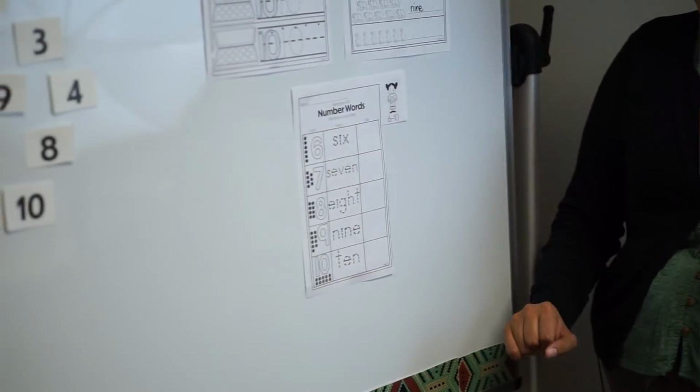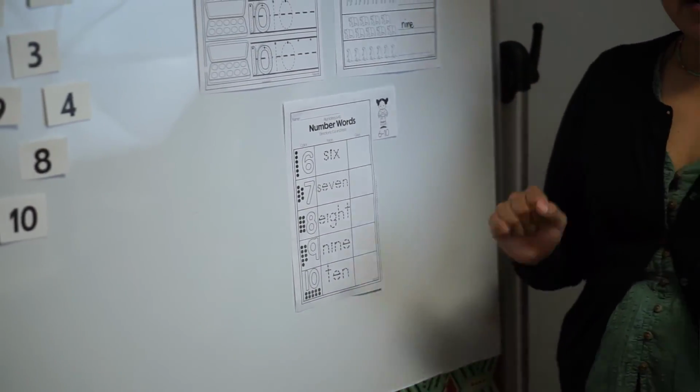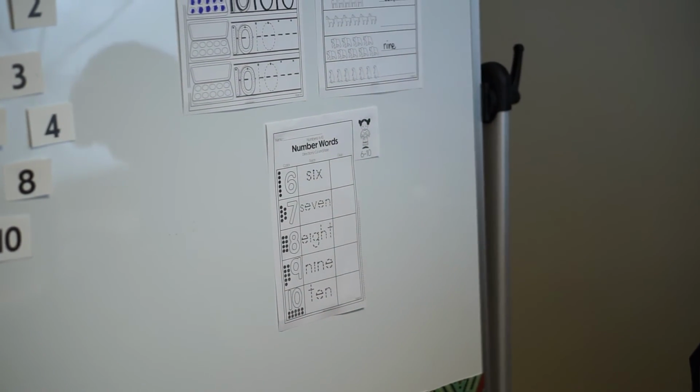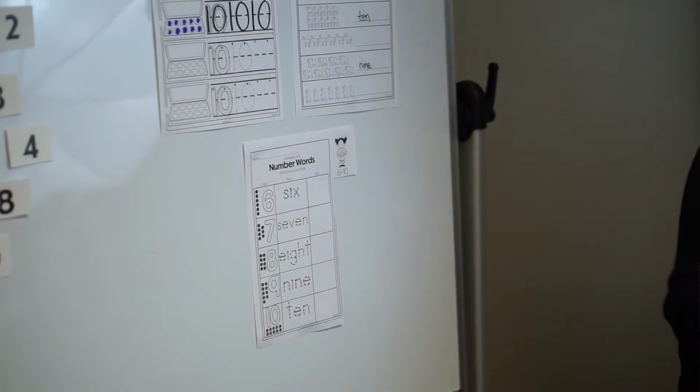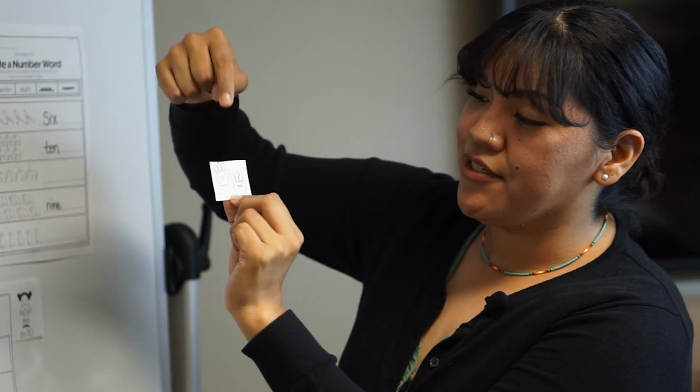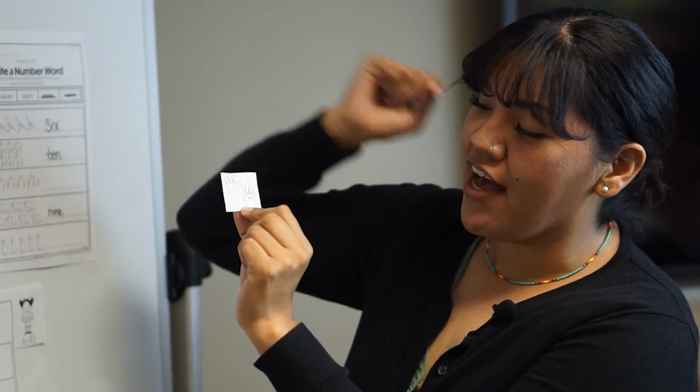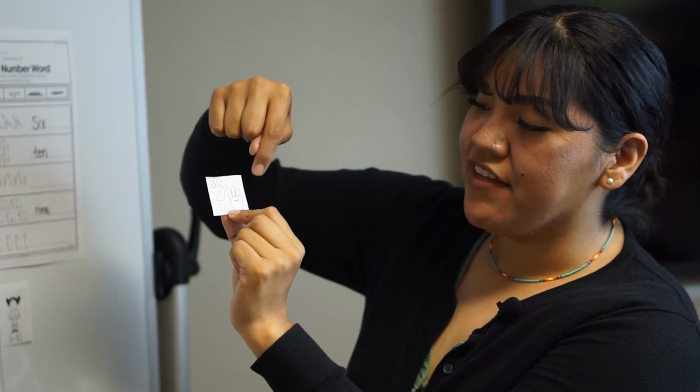So we see some numbers, we see 6 through 10. All right, so I'm gonna pick a random piece of hands. All right, let's look at this set. We're gonna count the fingers. Let's see how many fingers are up. So we have 1, 2, 3, 4, 5, 6, 7, 8.